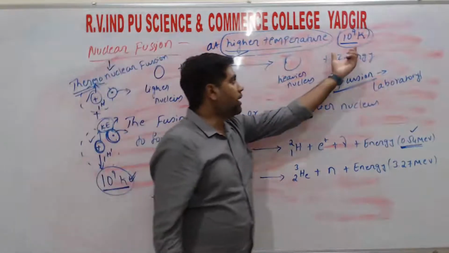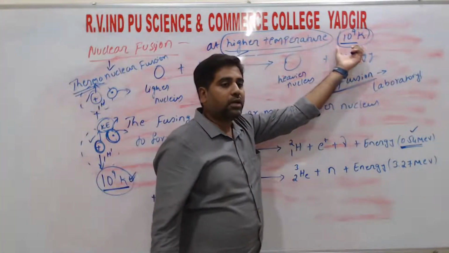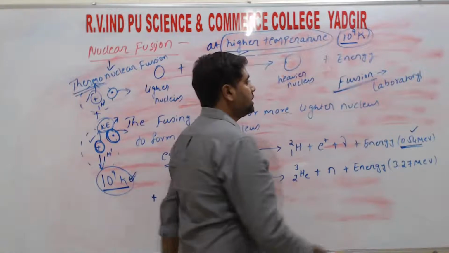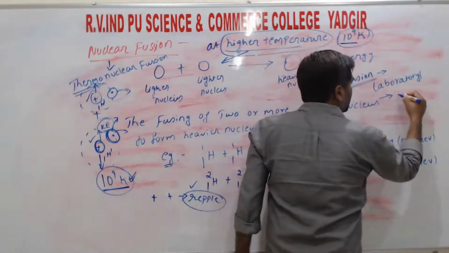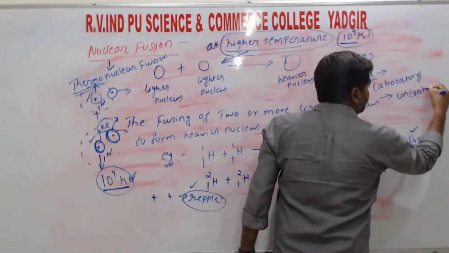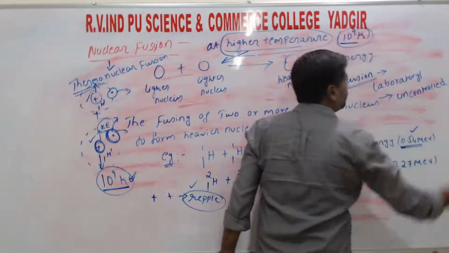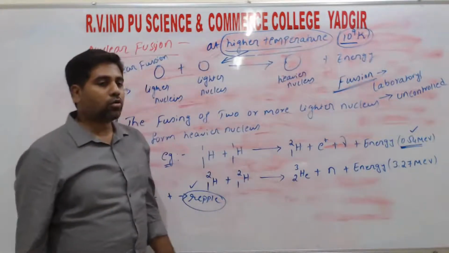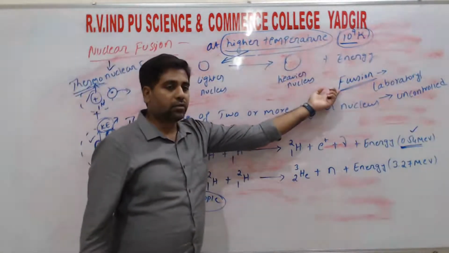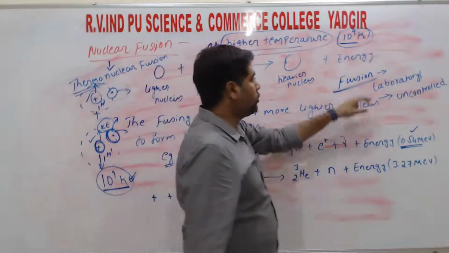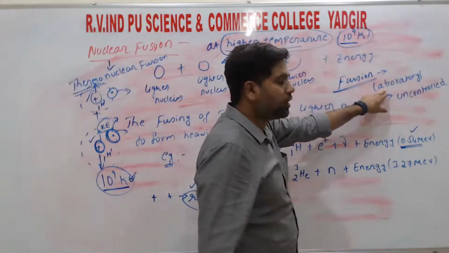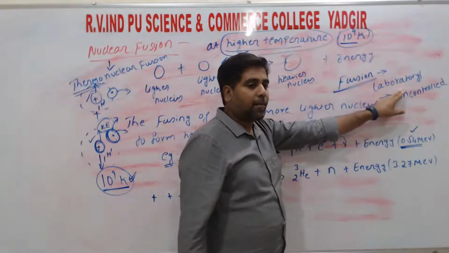We are not able to generate this much temperature, and also this fusion process is uncontrolled. We are not able to control the fusion reaction. For those reasons nuclear fusion cannot take place in the laboratories.